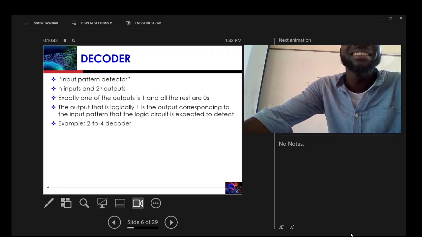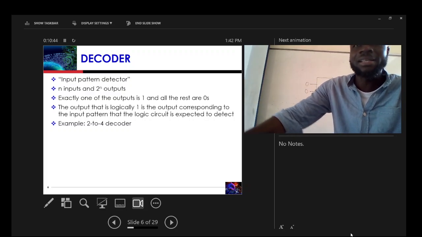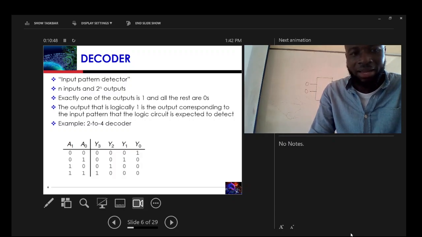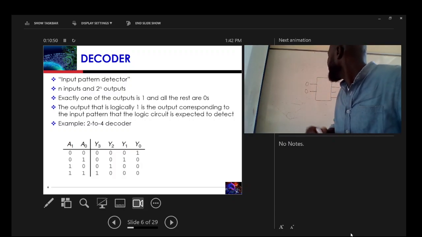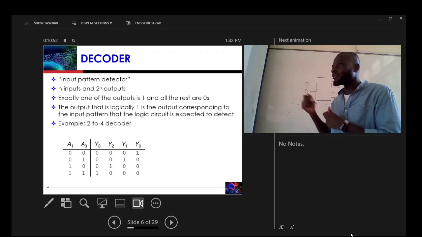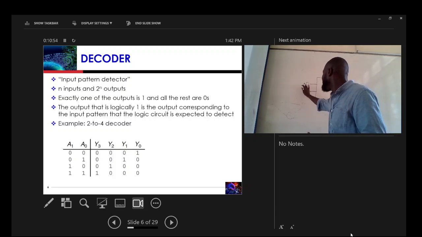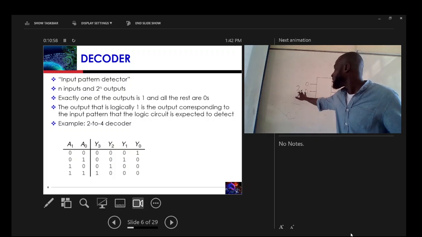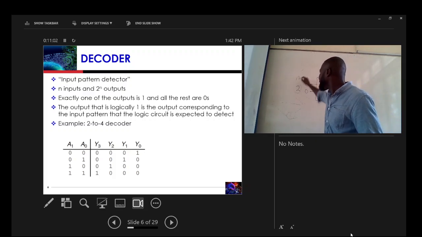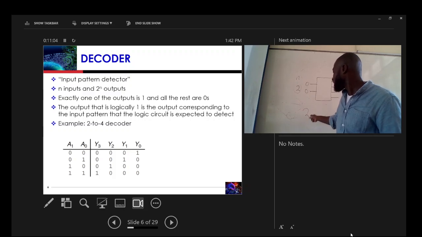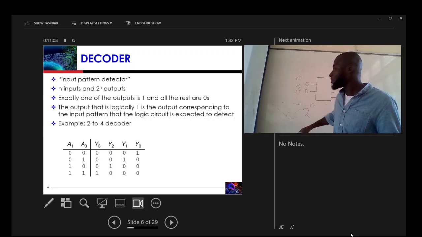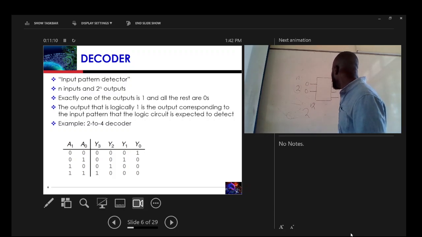Okay. All right. Do you guys understand? So essentially, if I have two inputs here, my number of outputs is based on these two inputs. If this is n, the number of outputs is equal to 2 to the power n. So if I had two inputs, the number of outputs is 2 to the power 2, which is 4.